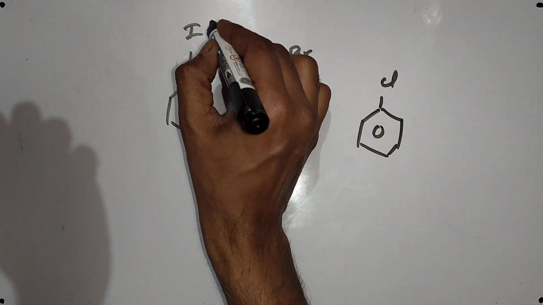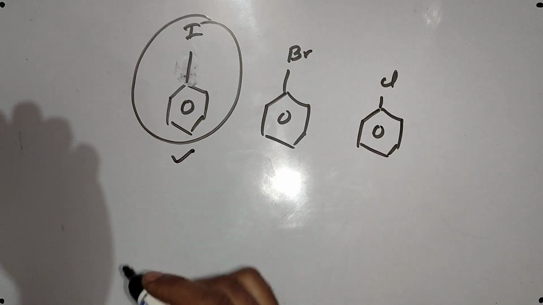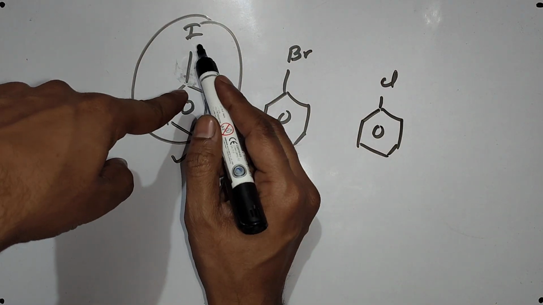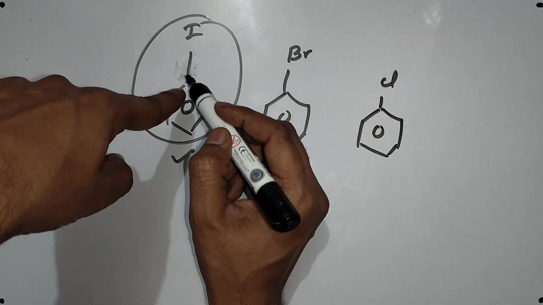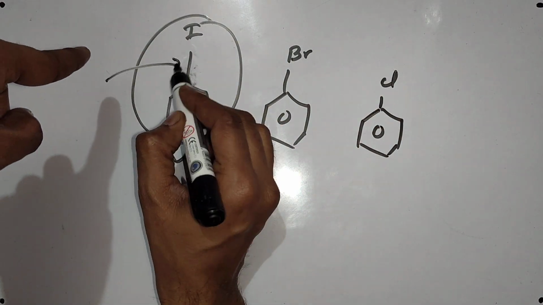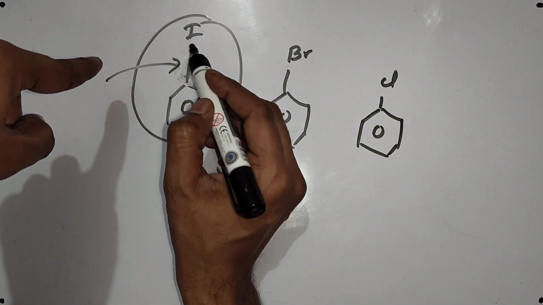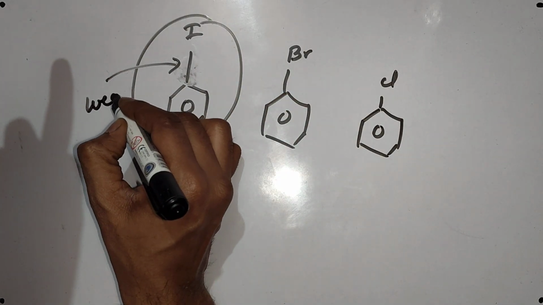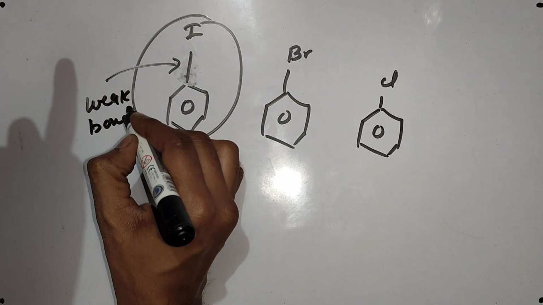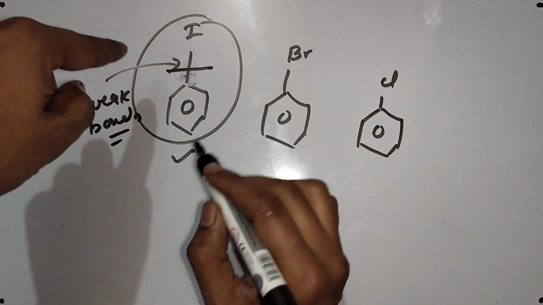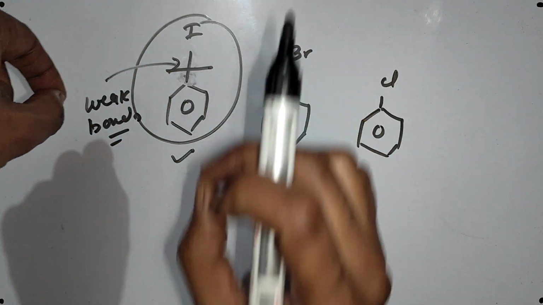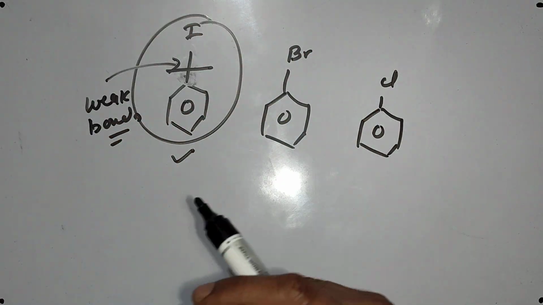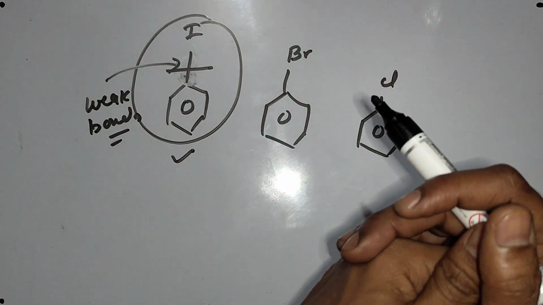Very easy, iodobenzene will be most reactive. Because between carbon and iodine, the bond length is bigger because the atomic size of iodine is bigger. These lengthy bonds are weak bonds. That's why they can break easily and copper can easily insert between them and the mechanism will progress.